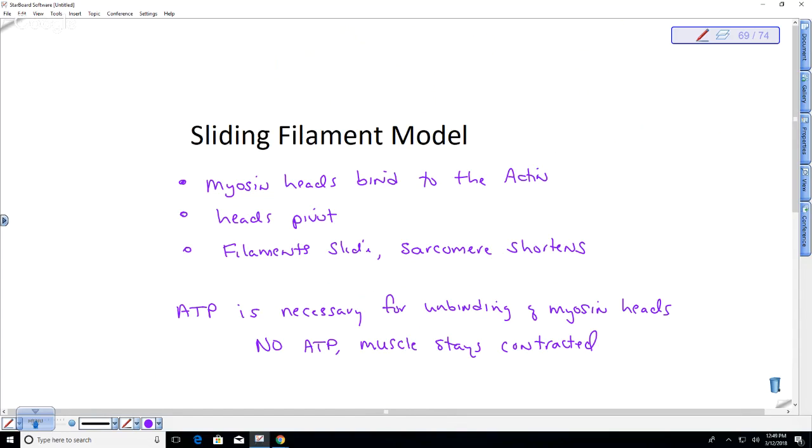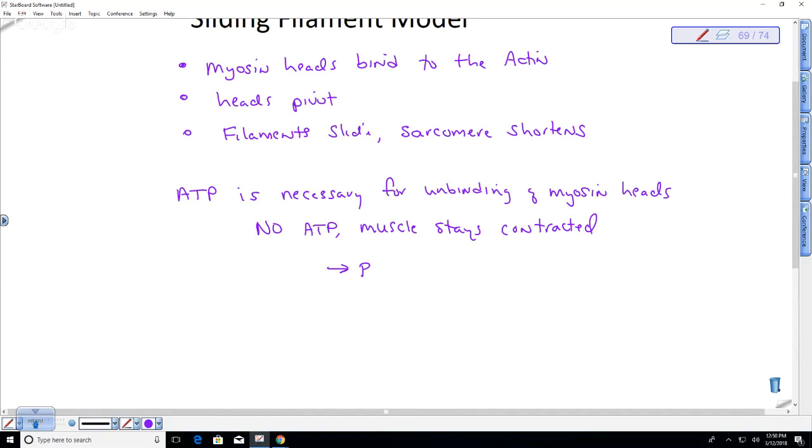So what is that called, in terms of the TV shows that you might watch online? What is that called when a person has died and their muscles are contracted? Rigor mortis. Okay, so this is actually the basis for rigor mortis. That means contraction after death, because ATP runs out and then the myosin heads cannot unbind, and so they stay connected and the muscles stay contracted.